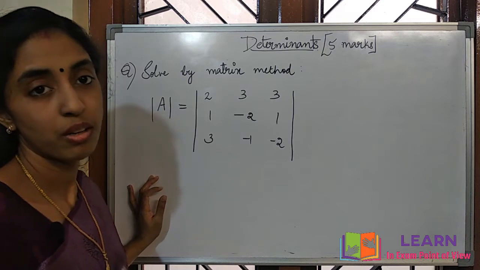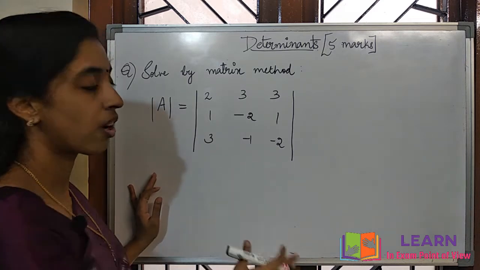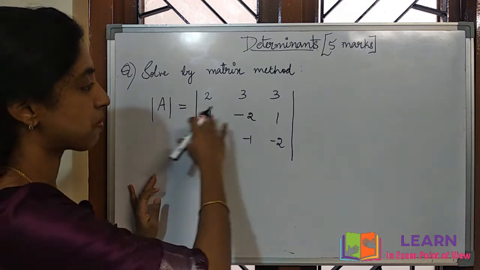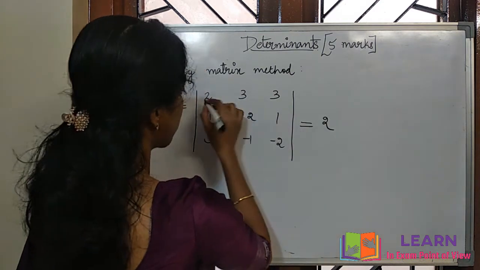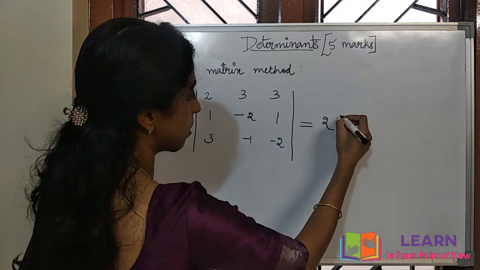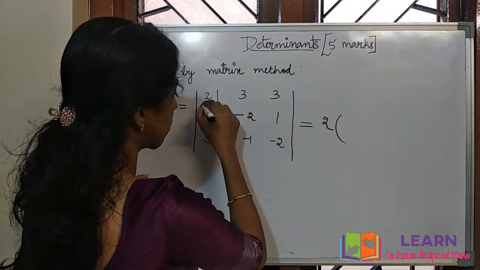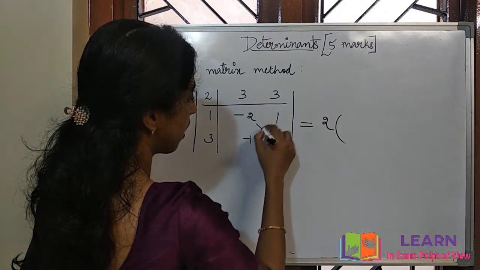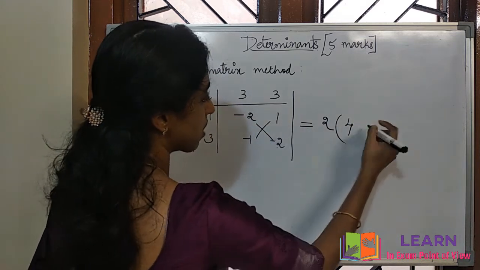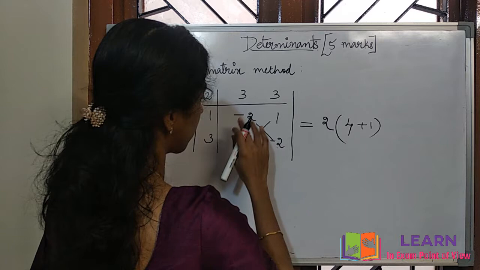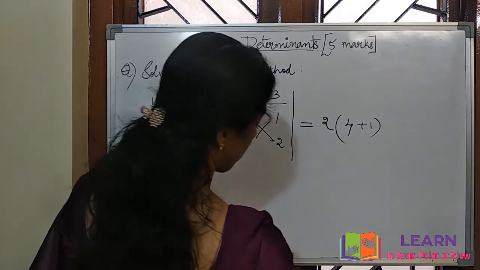So students, we are going to find the determinant A. You already know how to expand row-wise, so I will write directly. We are expanding along the first row. The first element is 2, and hiding its corresponding row and column, the minor is minus 2 times minus 2, which is 4, minus, which becomes plus 1. The sign alternates.